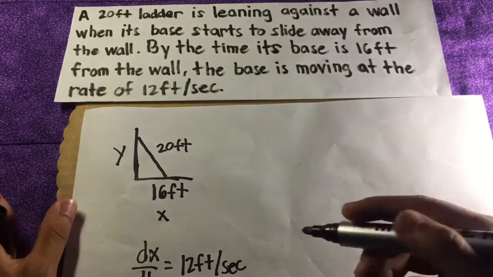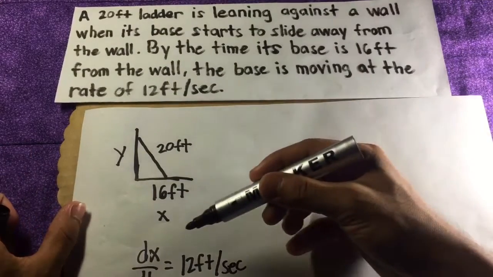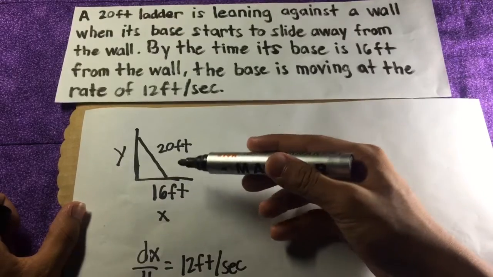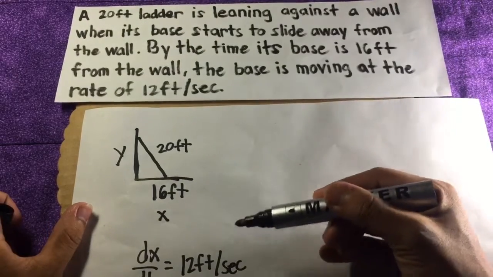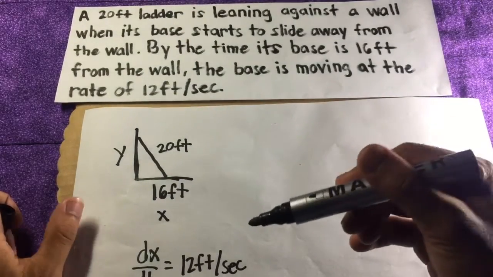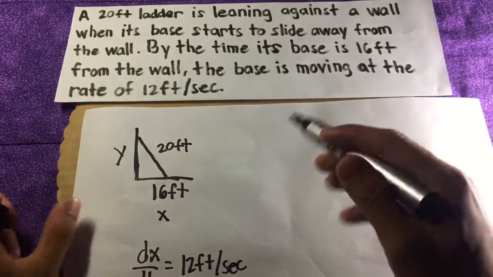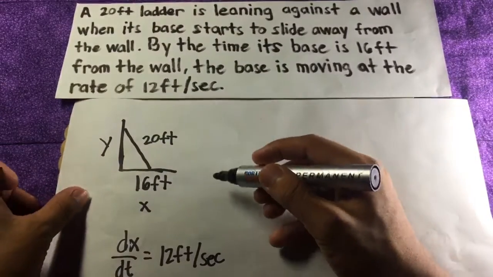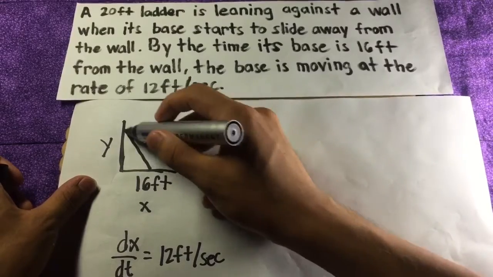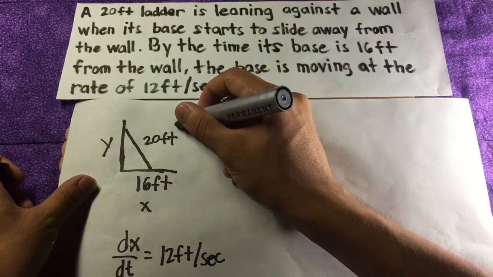And since the length of the ladder is 20 feet, it is a constant, since it would never change throughout. So let this be our variable z.